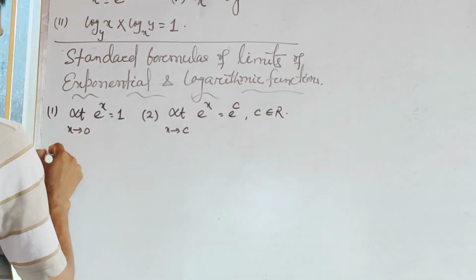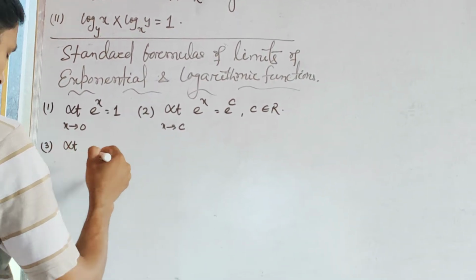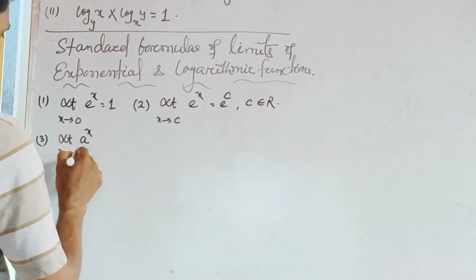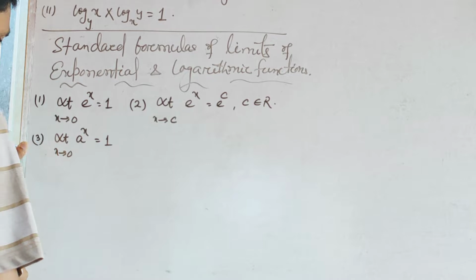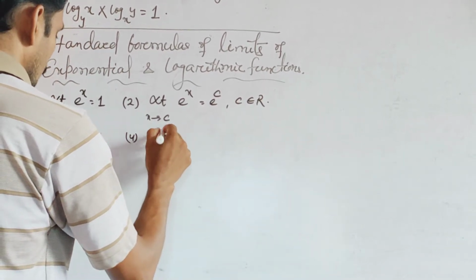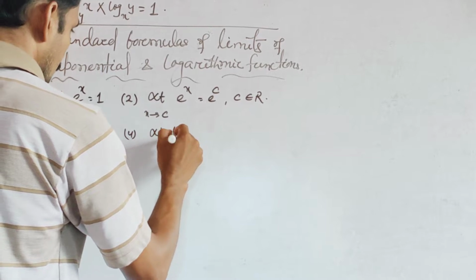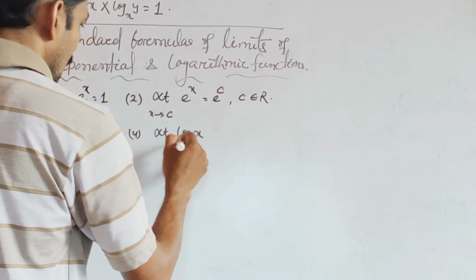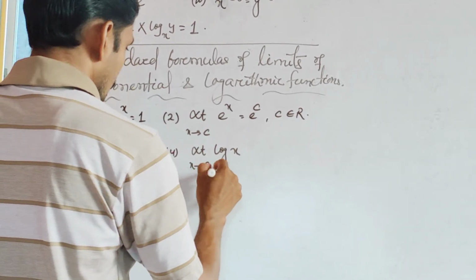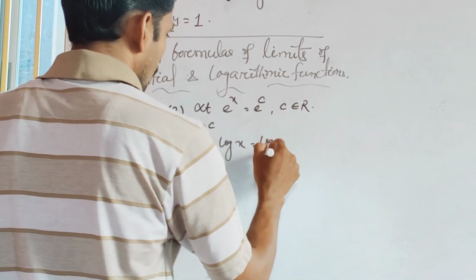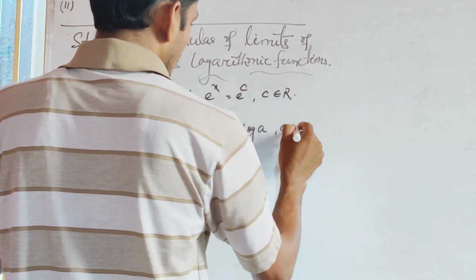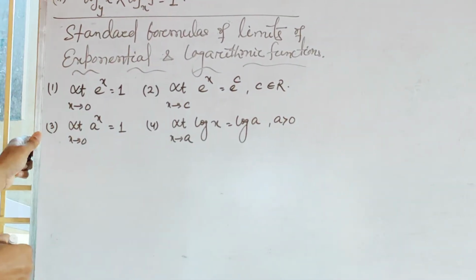Then, limit x tends to 0 of a to the power x is equal to 1. The limit of log x as x tends to a is equal to log a, where a is greater than 0.